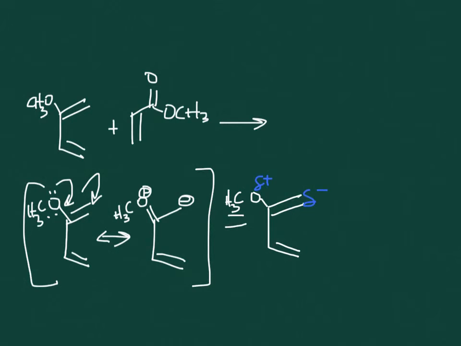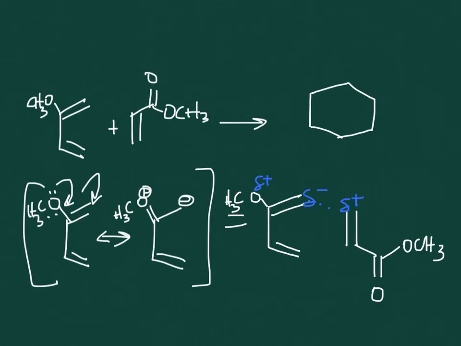So when we align the dienophile, we want to have the partial positive aligned with the partial negative, and we can see that this leads to a para-substituted product.